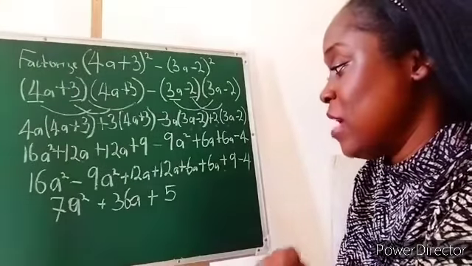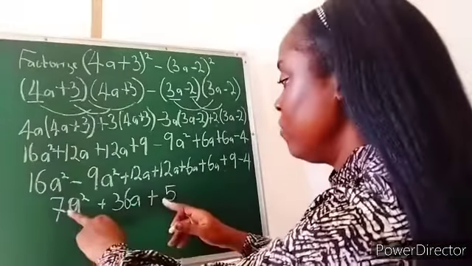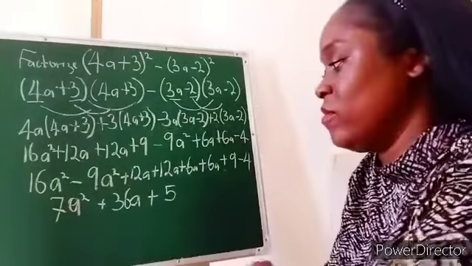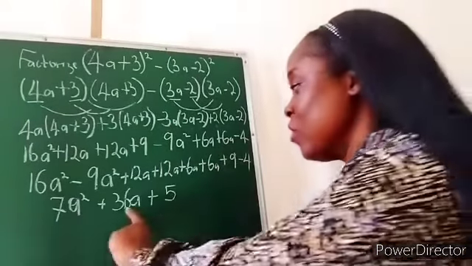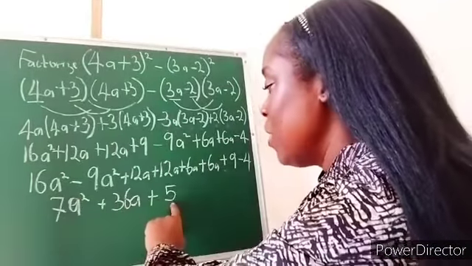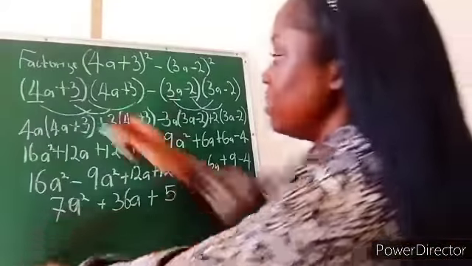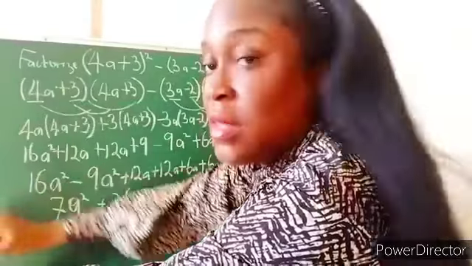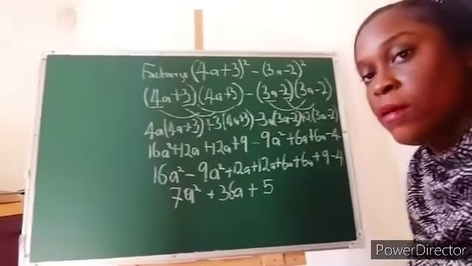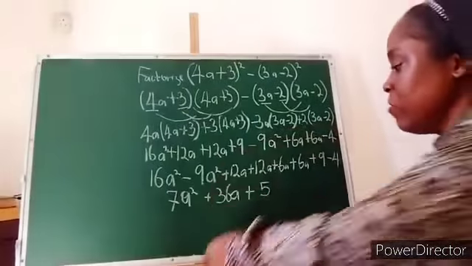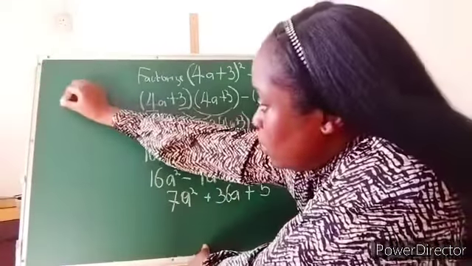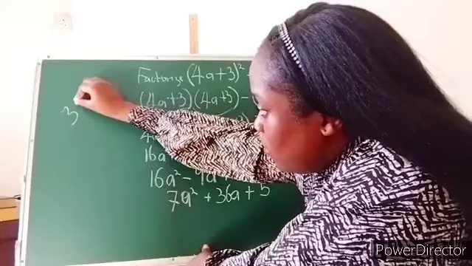So if we want factorize am, first of all, I go say 5 times 7, 35. Abi? So which factor wey I go add here, wey I go use take multiply give me 35? 5 times 7 will give us what? 35.